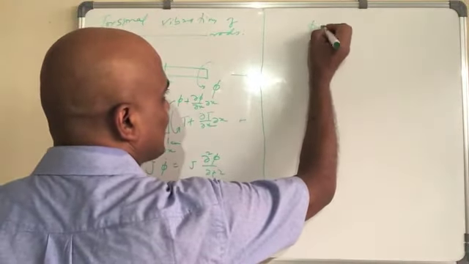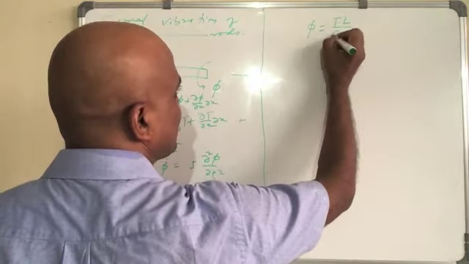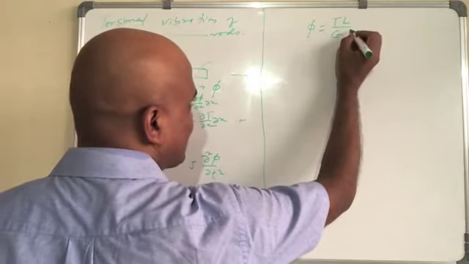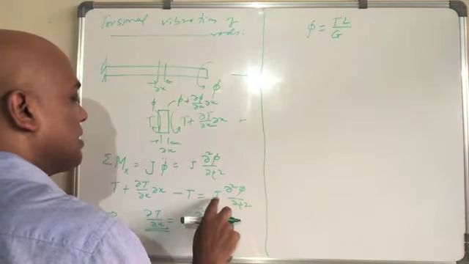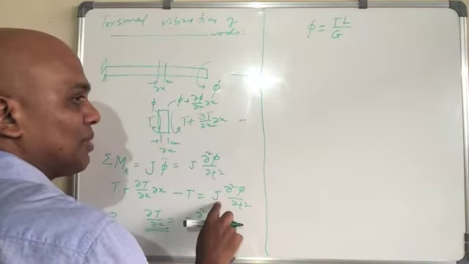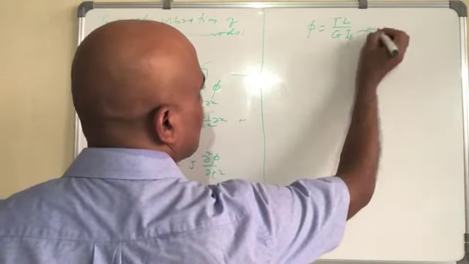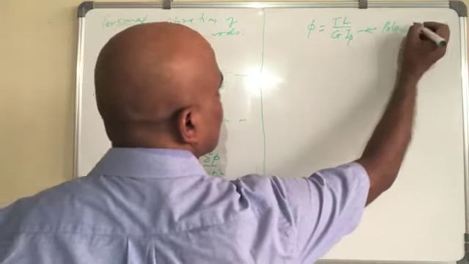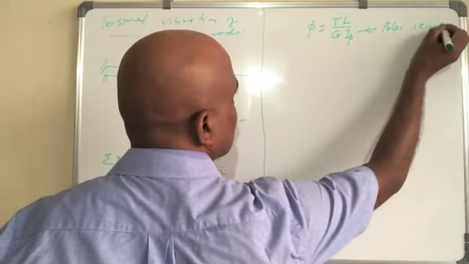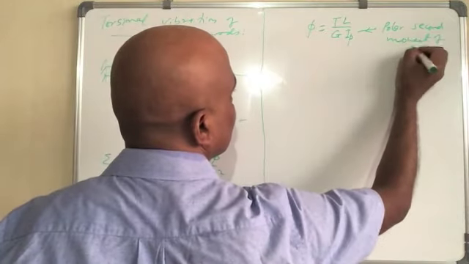You may recall we had phi equal to T L over G J. We called it J at that time, but J has a different meaning now. Here J means mass moment of inertia. You will write I_P; this is the polar second moment of area.